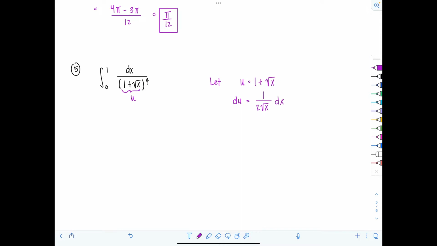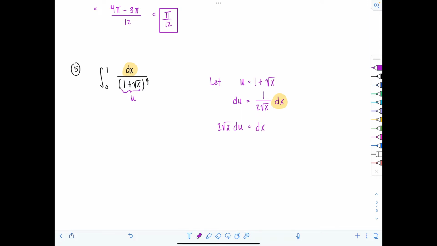And you told me we need to see du in there. I know, but sometimes we have to do something a little sneaky. All I see over here is a dx, which I got, great, but they need to match and they don't right now. So let's just move the 2 rad x over. So 2 rad x du equals dx.